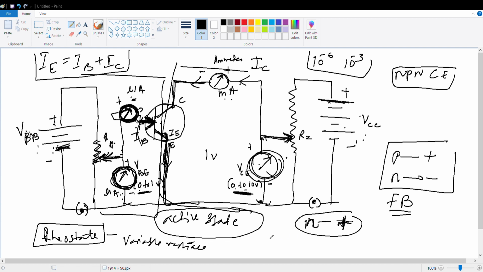You will see some buttons there, volume and gain. You can increase the volume, you can decrease the volume. The main principle of the amplifier is to amplify the weak signal into an amplified signal by increasing the amplitude, by not distorting the original waveform.